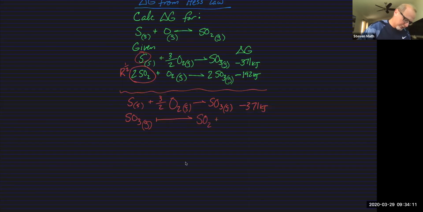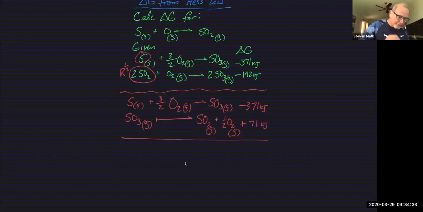SO2 plus 1/2 of an O2. Get my states in there. And we reversed it and we halved it. So now positive 142 in half is a positive 71. Oh, look how that works out really pretty.